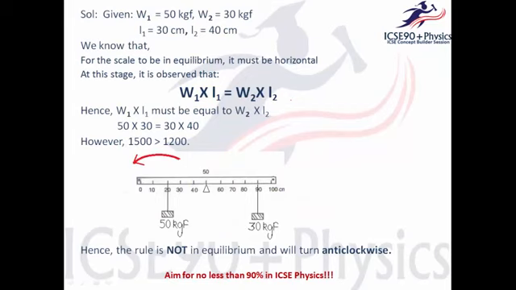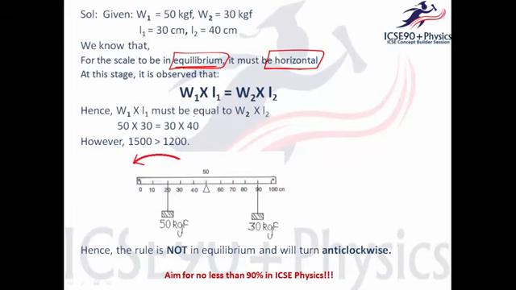Now, what is the first thing that we know for an equilibrium position? For a meter rule to be in equilibrium, it must be horizontal. And as a result, it must follow the principle of moments. So what does the principle of moments tell us?